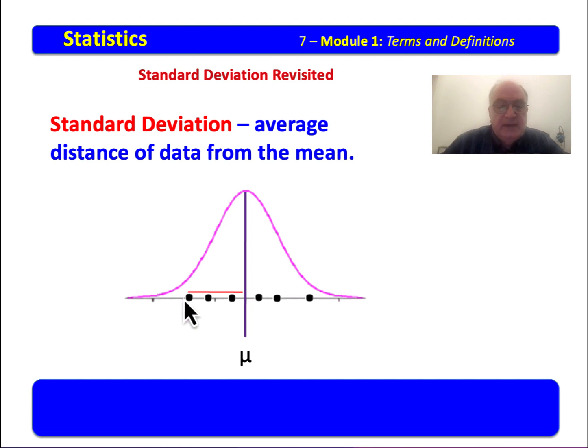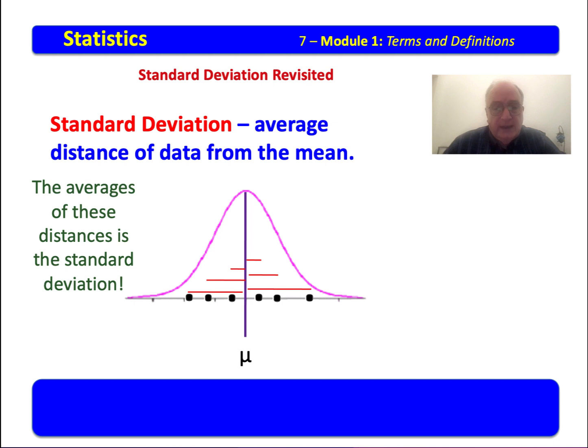Now, this data right here is this far from the mean. This data out here is that far from the mean, and so forth. Each of these datum have a distance from the mean. Now, if we want to know what the standard deviation is, then all we have to do is add up all of these distances and find their average.